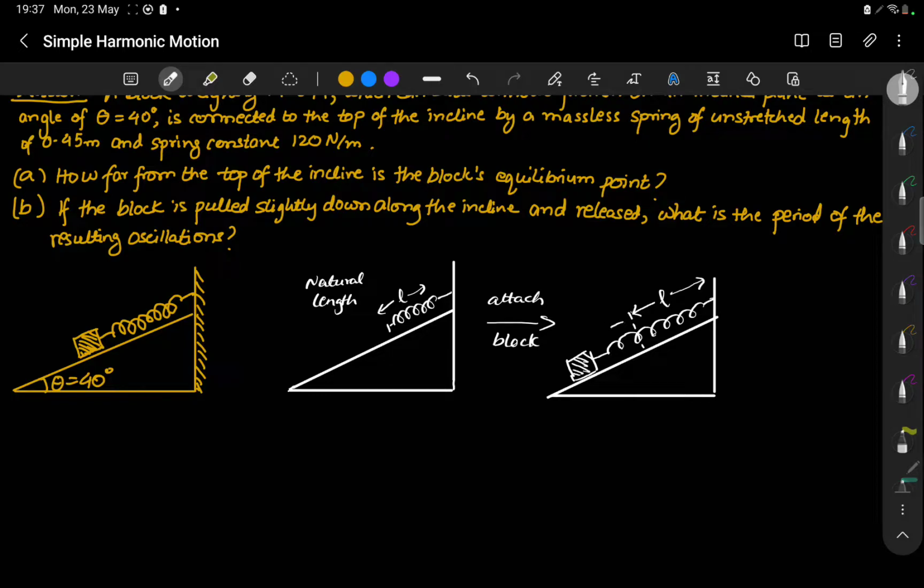This is the extension coming in due to the block being attached. So the weight of the block will pull the spring downwards or extend the spring, and we will have a new equilibrium position. So this is still the equilibrium position. We are not displacing the block.